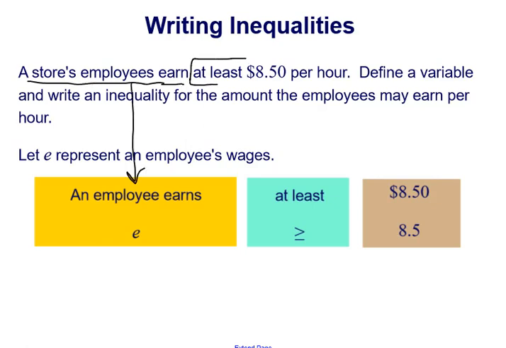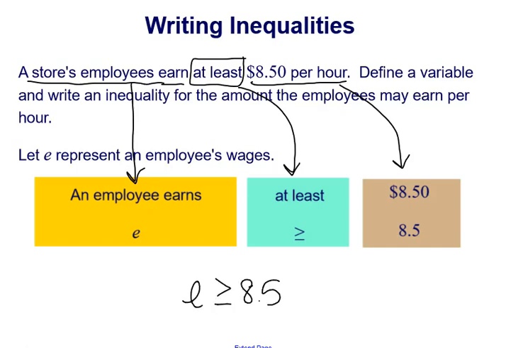Then we have at least, we know to interpret it as greater than or equal to. And then the $8.50 per hour, we're going to just consider it 8.5, so E is greater than or equal to 8.5 is the inequality that can represent that situation.